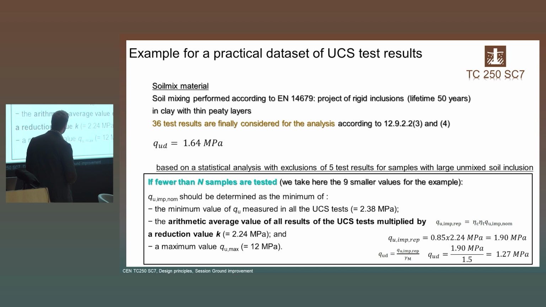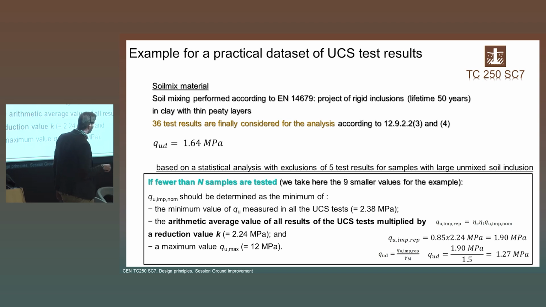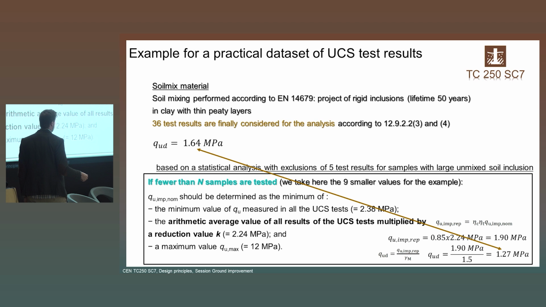And thus in this case, the minimum is the minimum of the 3 following values, as I explained, and for us, this is the arithmetic average value factorized by the 0.7, which is relevant. We integrate that in the formula to obtain the representative value, and at the end, we have this design value, which is obtained. And as you can compare, this is a lower value than what you have with a full statistical analysis.